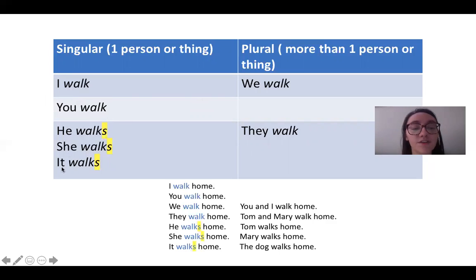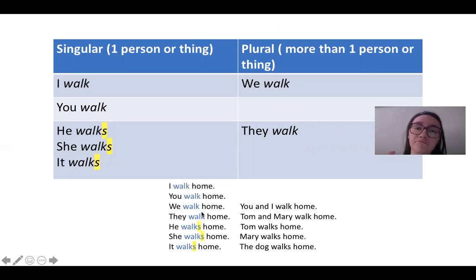But if you use he, she, or it, you need to add an S because you're talking about another person that's only one of them, or another thing. It can be a thing. Bus is a thing. So you'd say, "I take the bus. It leaves at 7." When you say it, you're talking about the bus. You put an S at the end. And then plural is more than one. We walk, they walk.